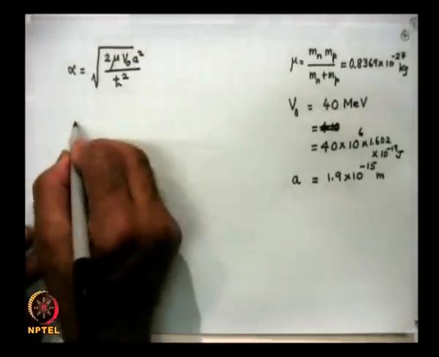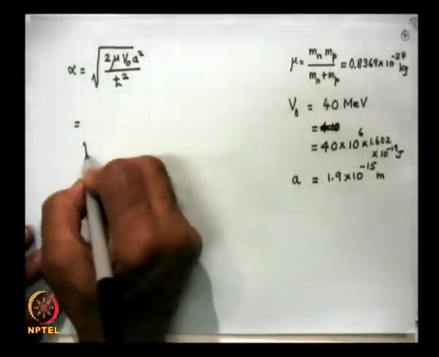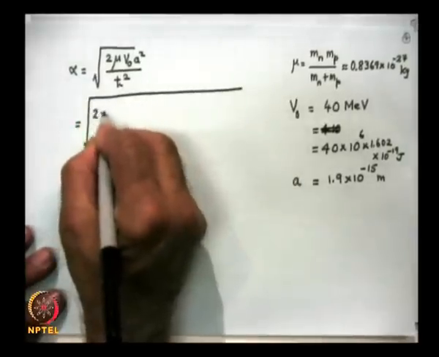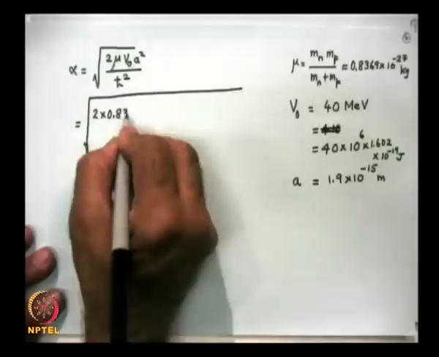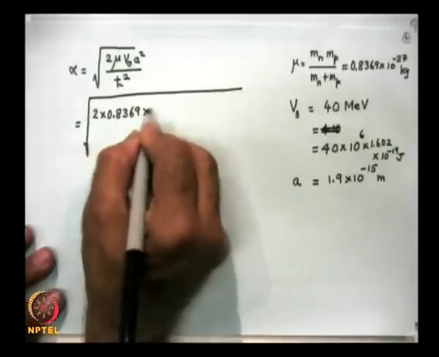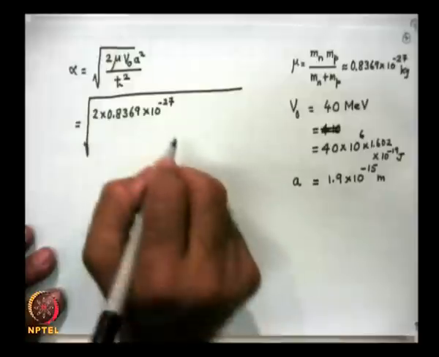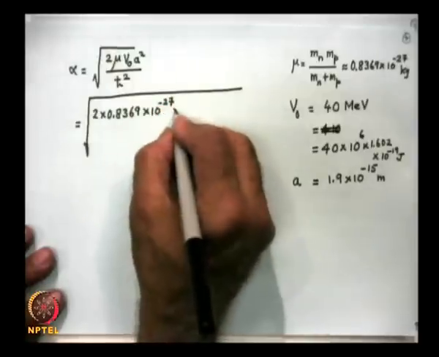So, you will get alpha is equal to the square root of 2 into 0.8369 into 10 to the power of minus 27. This is the reduced mass of the neutron and the proton.